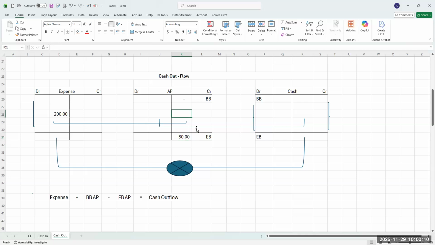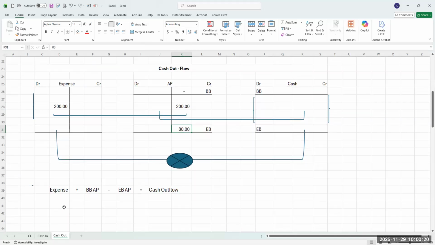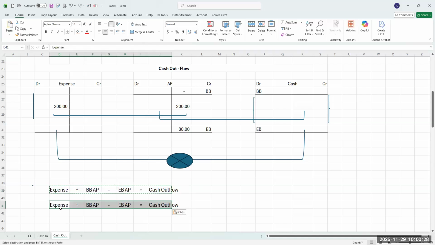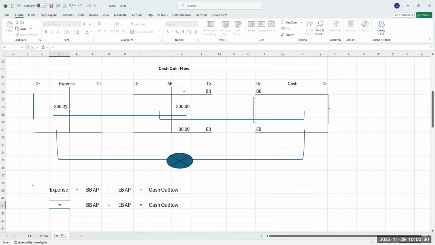So the 200 is going to come here. Now the question is, how much has to get out of here in order for my balance to be 80? So let's get this formula and play with it now. My expense is $200. My beginning balance of accounts payable is 0. My ending balance is 80.